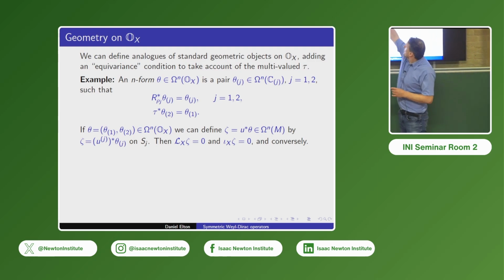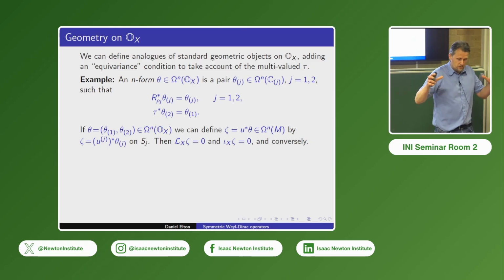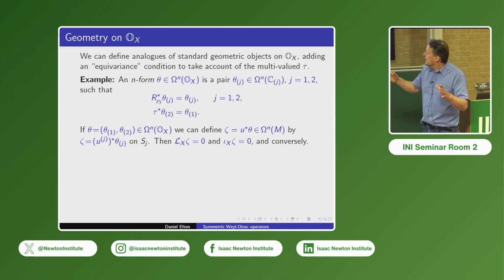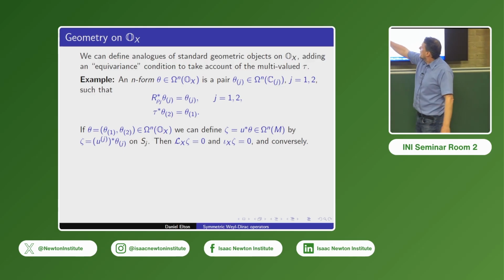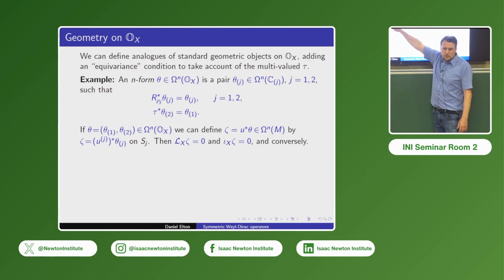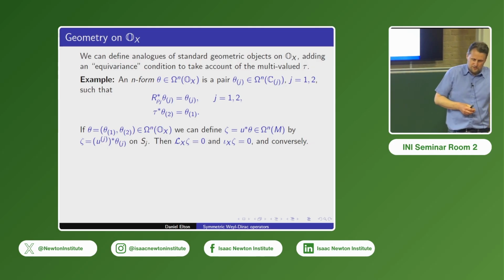So these conditions are needed to make sure this is a good definition. We get a nice smooth object on S3 or R3, and it has some additional properties because of where it has come from. The Lie derivative in the direction of X is 0, so as you pull this along the vector field X, it doesn't change.